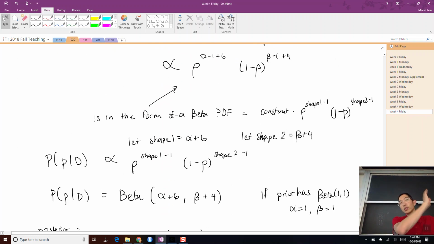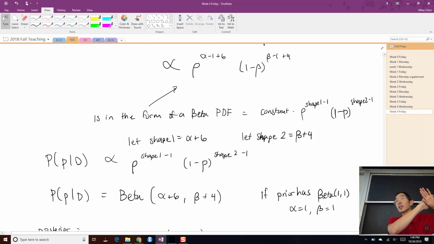And all of those crazy terms, the 10 choose 6, the gamma of alpha plus beta, and even the entire constant in the denominator, the probability of data on the bottom, we're just going to combine them all into some unknown mystery constant that we're not going to worry about for now.